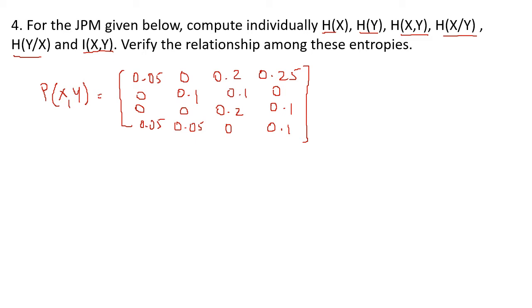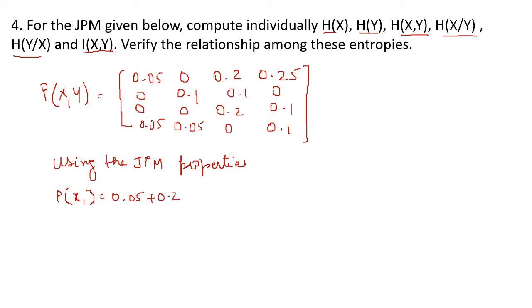Using the joint probability matrix properties, that is the first, second and third property, addition of rows will give us the input symbol probabilities. So P of x1 will be equal to 0.05 plus 0.2 plus 0.25, which comes to 0.3.